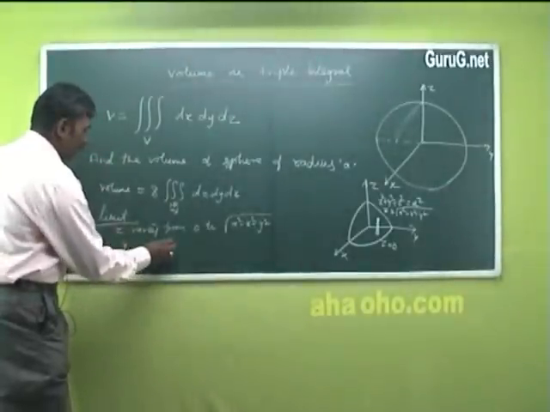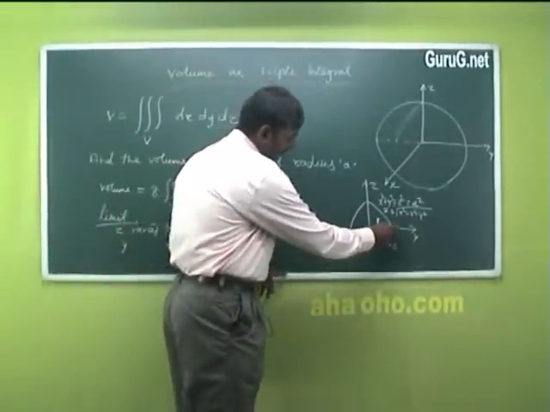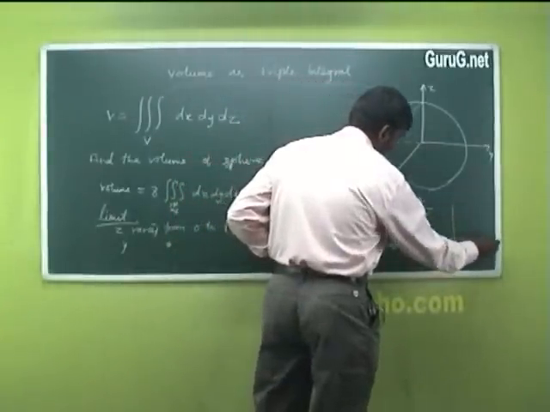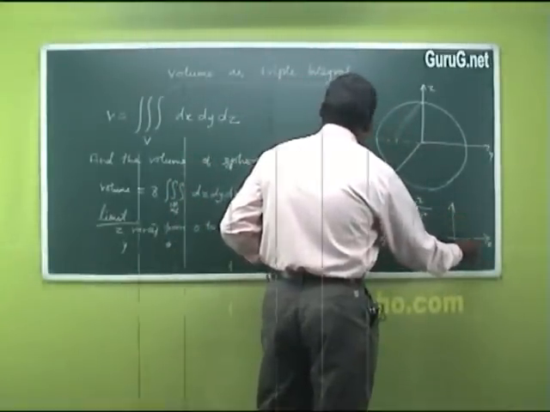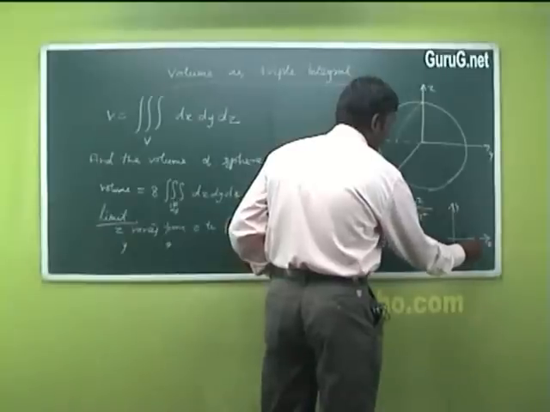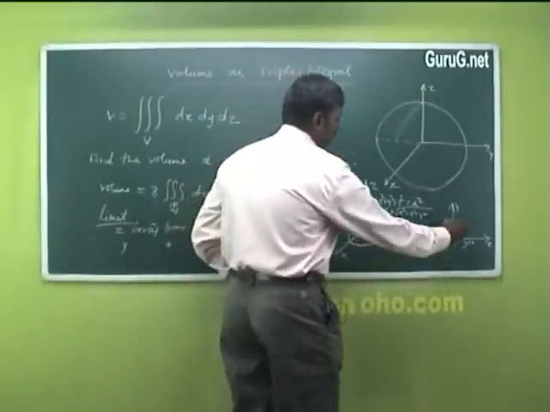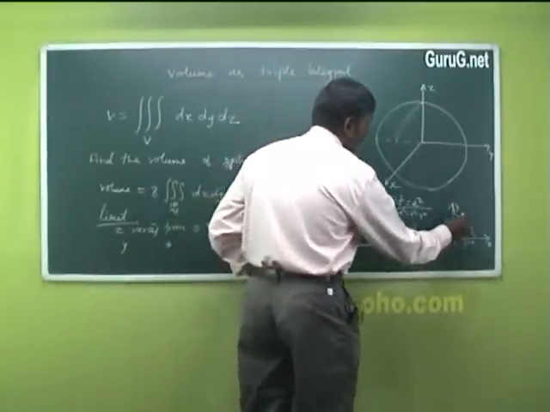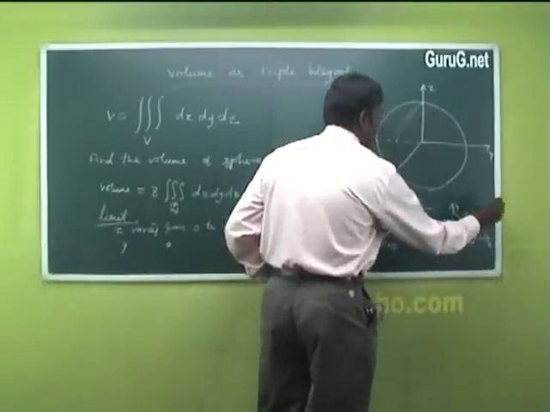Then y varies from, we take this xy plane. This is y equal to 0 and this is x equal to 0. What is the equation of the curve? x square plus y square equal to a square.